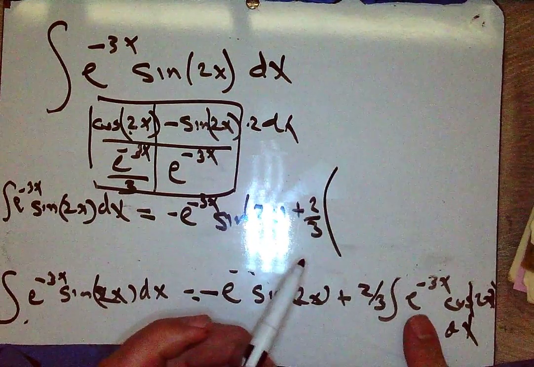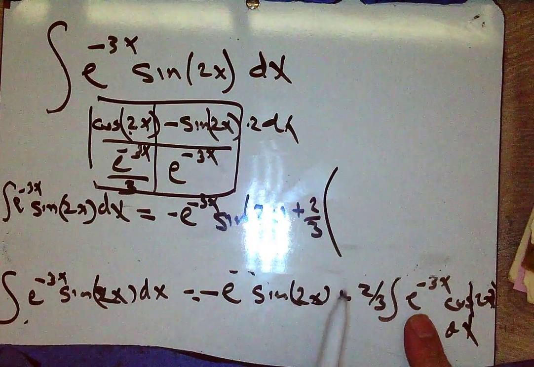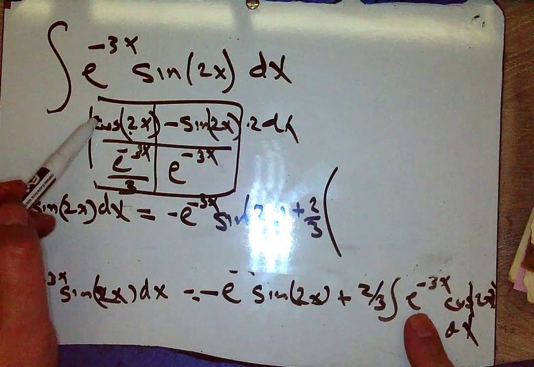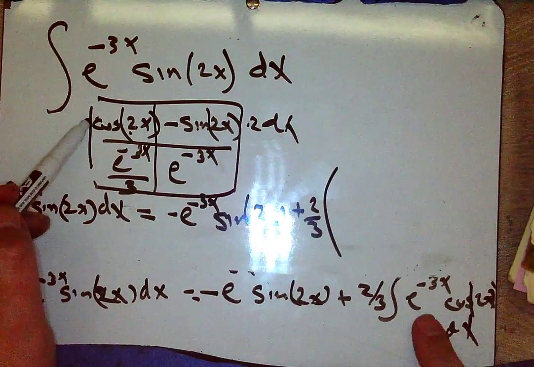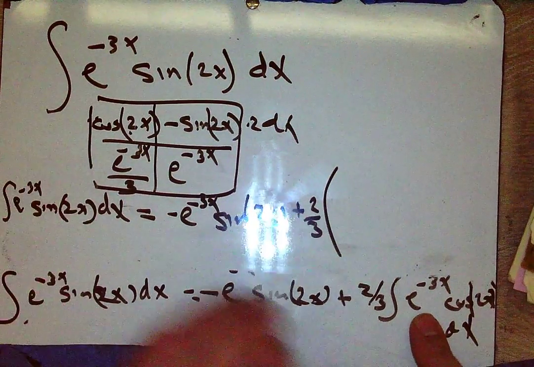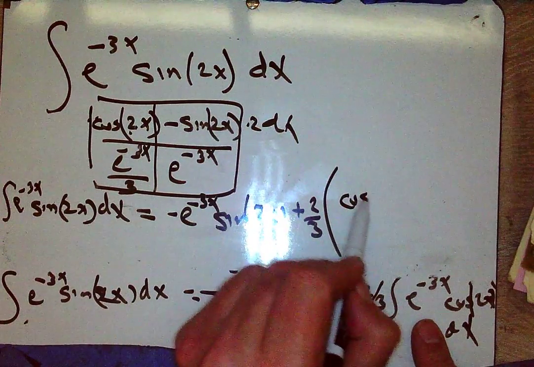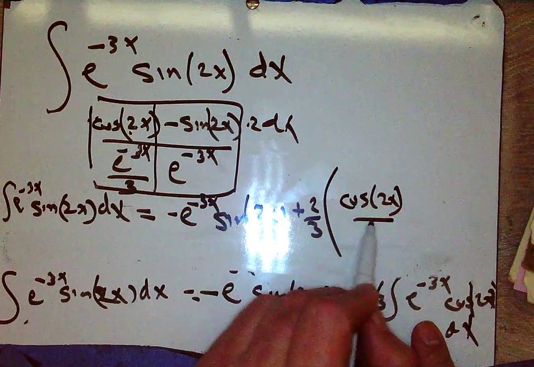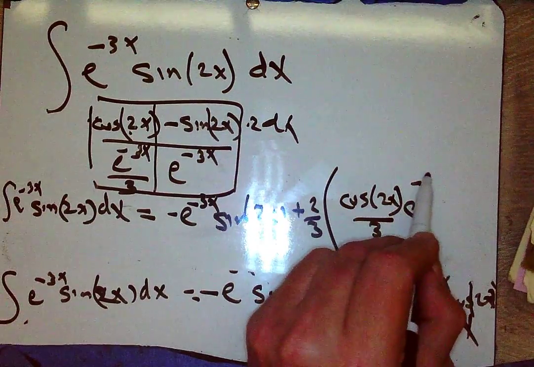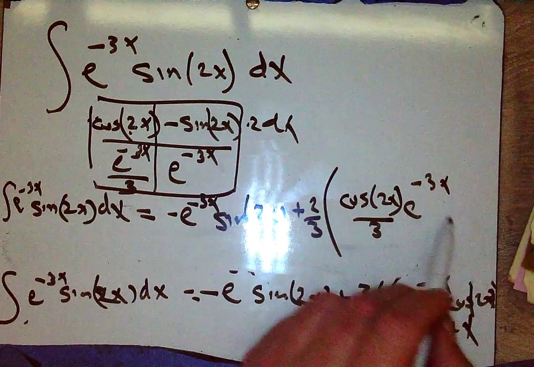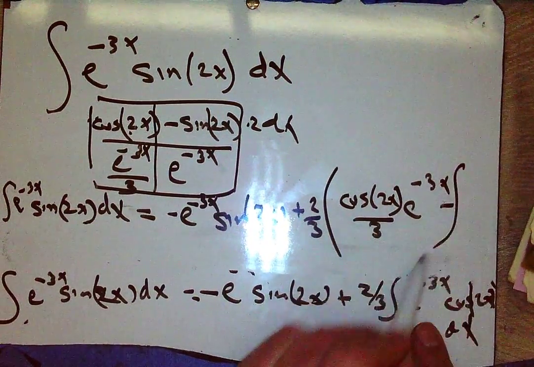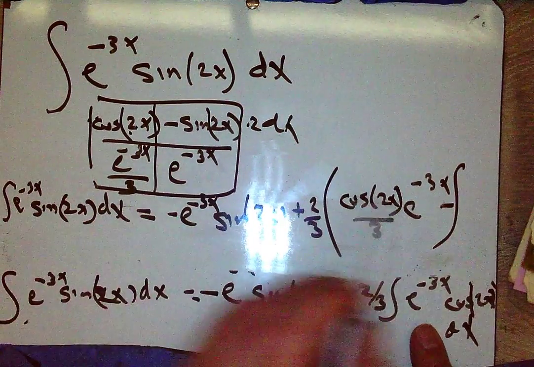And now the antiderivative here, that's this one, is going to be cosine 2x over 3 e to the minus 3x minus the integral of this times this.